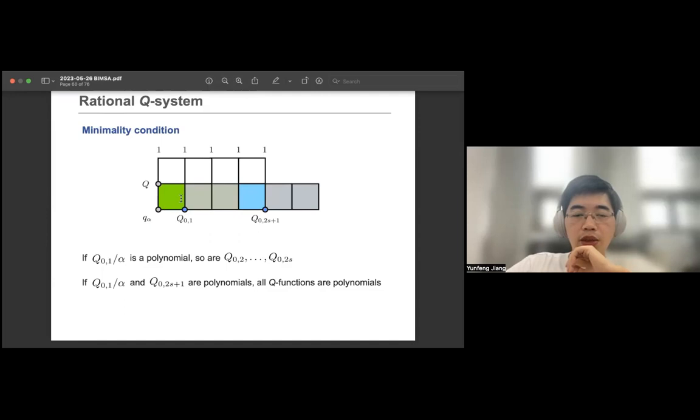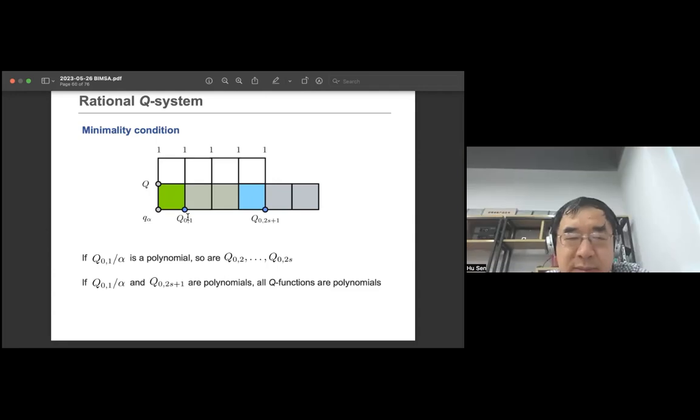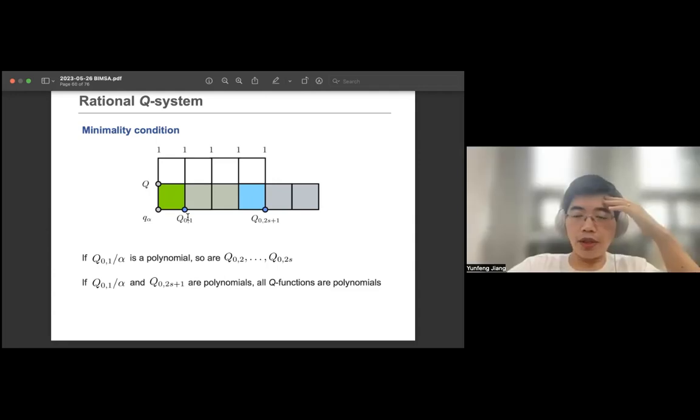Actually, each box you can rewrite as a series of TQ relations in addition to the original TQ. But I don't see other physical meaning of these Q functions so far. It would be nice to have some better interpretation for them. It seems at the moment it's like an auxiliary function that we put in.